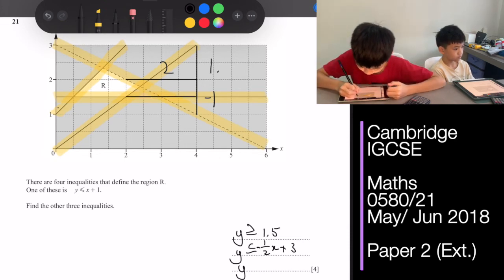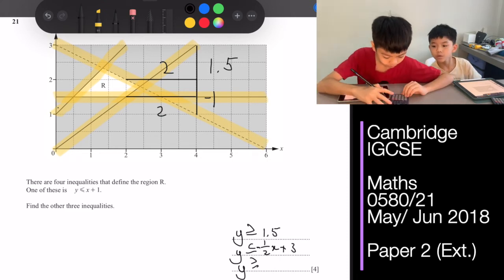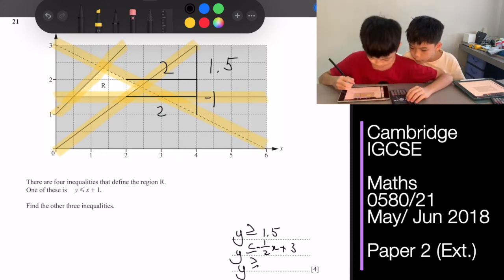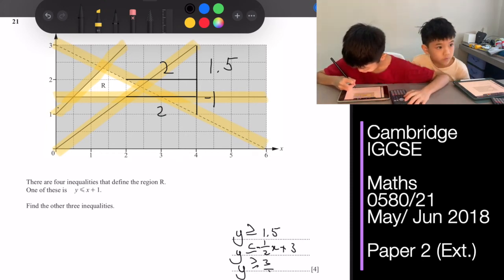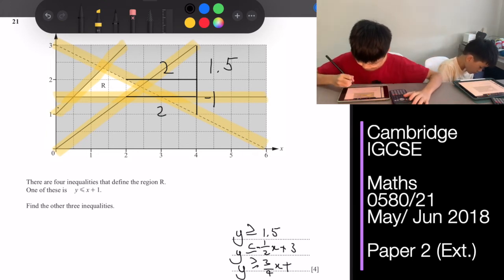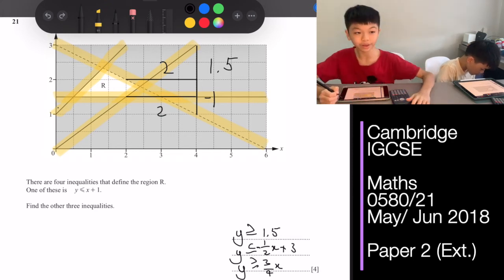This is 1.5, this is 2, and this is a positive slope. Y is greater or equal to 1.5 divided by 2, 3/4 x plus, where does it mean? 0. Okay, just 3/4 of x.